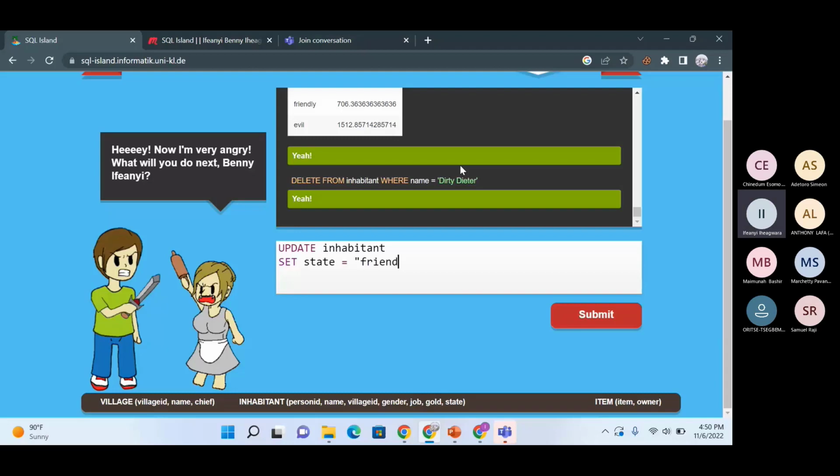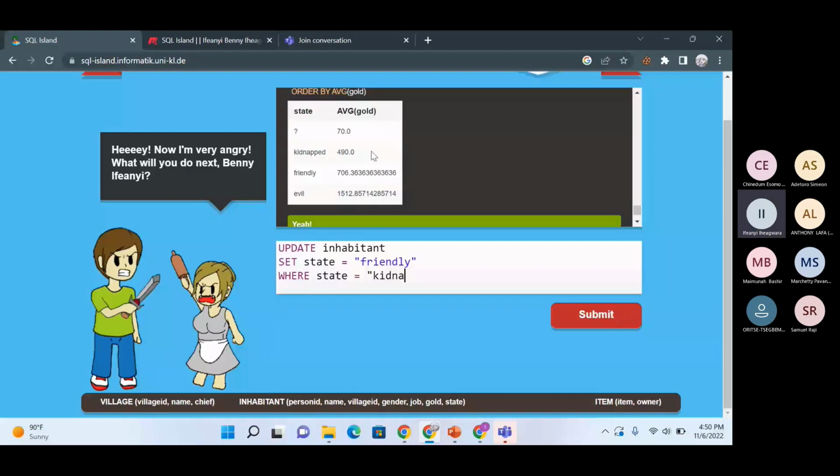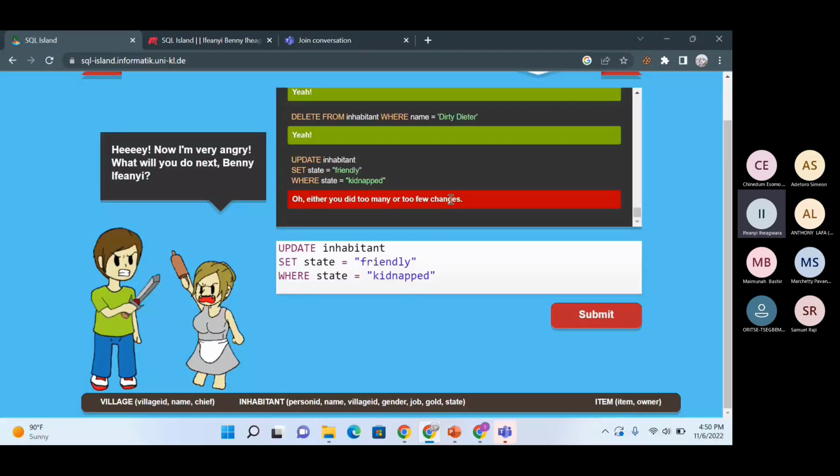So anybody that is kidnapped at the moment, since we have freed them, let's update this. So this is not correct. So the inhabitants shall be where the state is equals to friendly, or the state is equals to kidnapped.